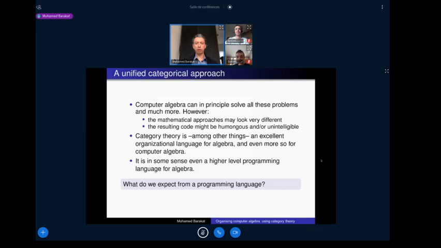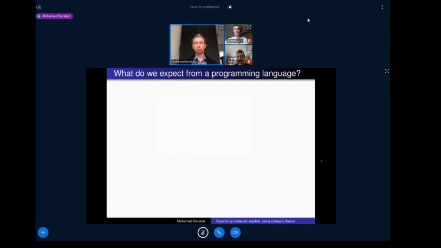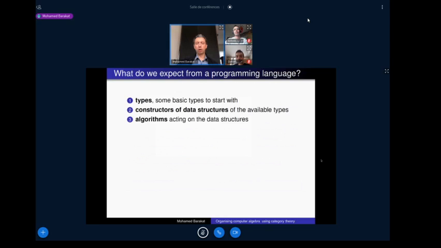So what do we expect from a programming language? So we expect some types at least to start with. And we expect some constructors of data structures of the available types in the system. And we expect some algorithms acting on the data structures.